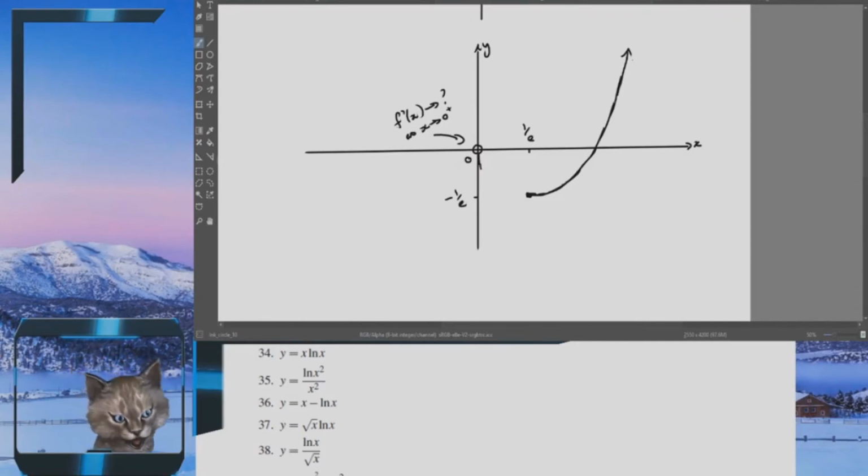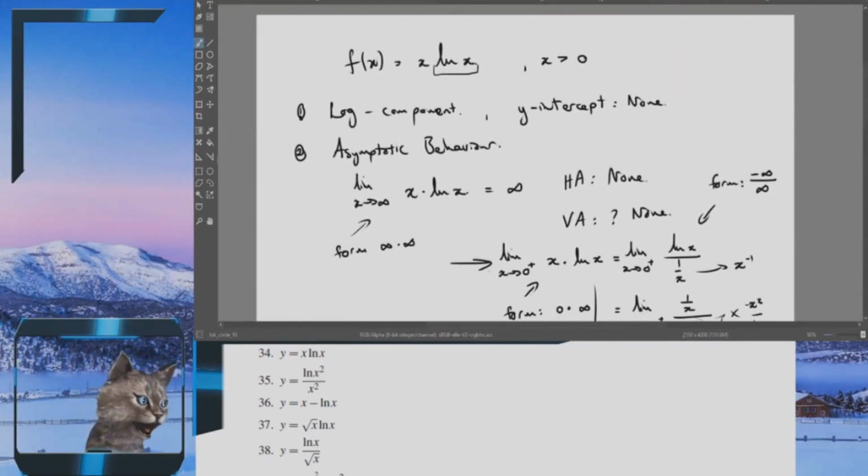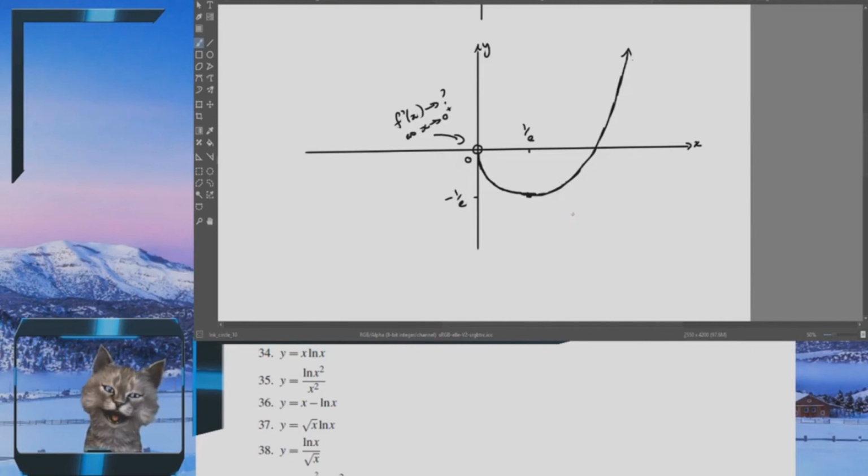So I need to meet this as vertical as I can while starting from horizontal, like so. But I put an open circle around there, showing that I never actually get there. So that is my graph of x times log of x, which might not quite be what you expect.